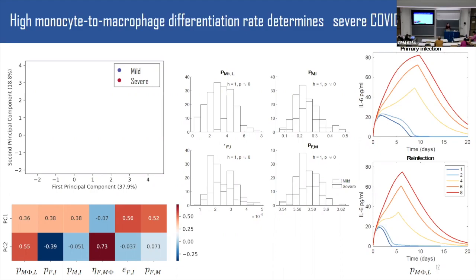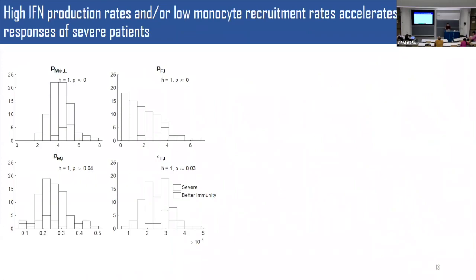In our virtual patient cohort, we find that a large proportion of patients change from severe to mild in reinfection. So we then focused on this severe cohort and tried to find which parameter reduces the inflammation. Similarly, we did a KS test for two groups.